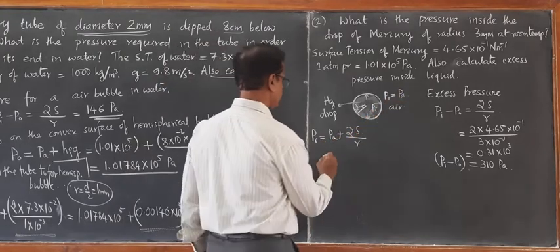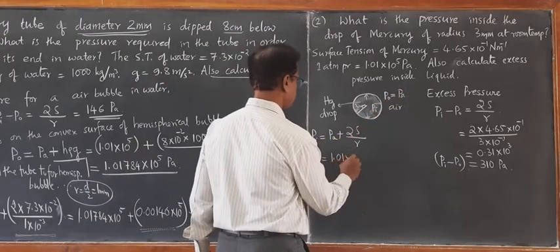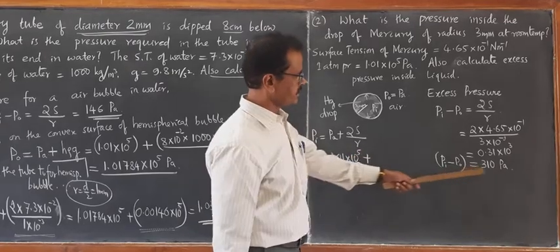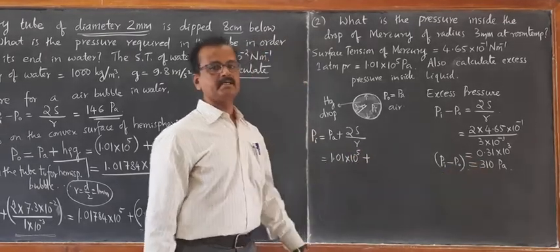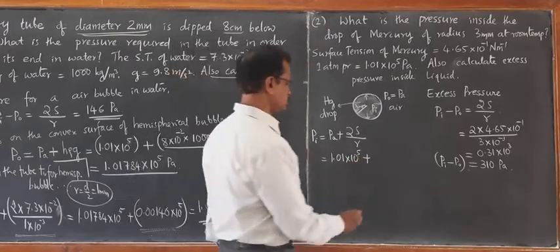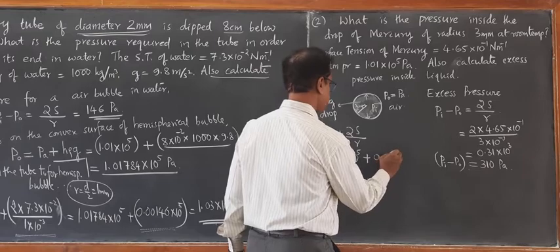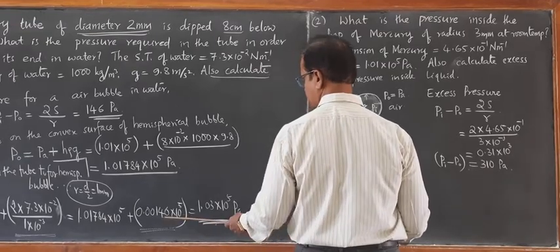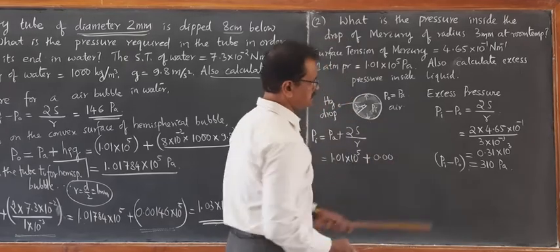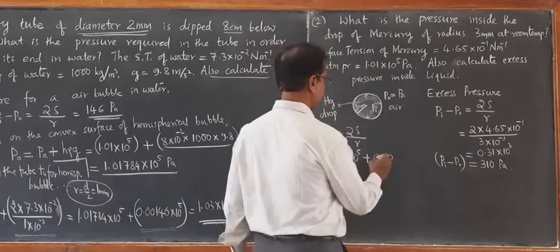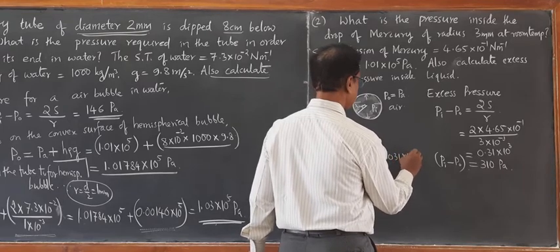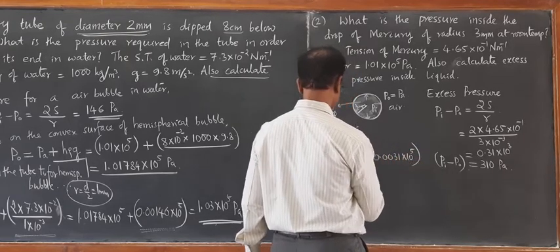Therefore, you can write PA as 1.01 into 10 raised to 5 pascals, plus 2S upon R, which we just calculated as 310 pascal. In terms of 10 raised to 5, the 146 pascal can be written as 0.00146 into 10 raised to 5. So 310 pascal can be written as 0.00310 into 10 raised to 5 pascal.